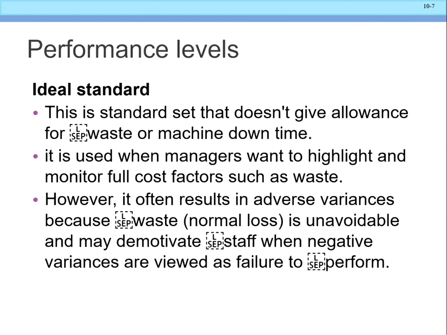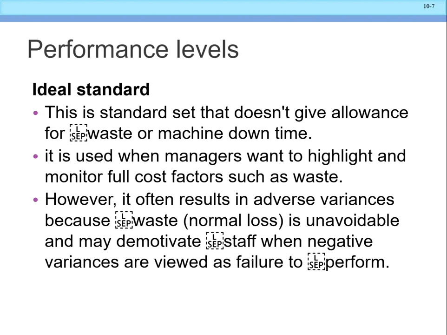Okay, performance levels refer to the approaches that businesses use in approaching standards. They can use ideal standards. When we say ideal, we are referring to an outcome that we want to have, but it's normally not achievable.